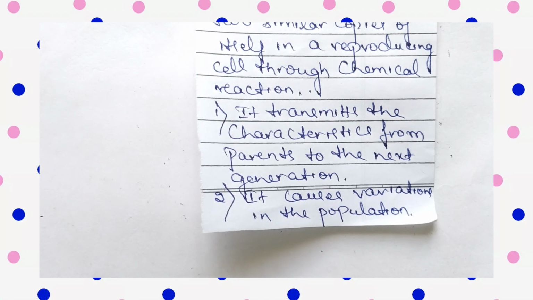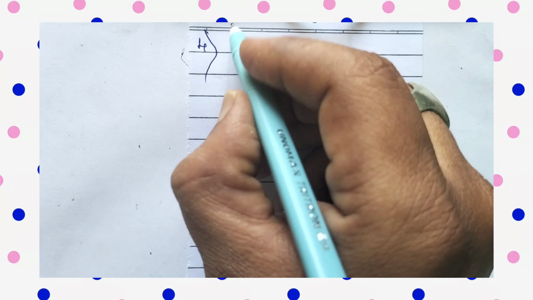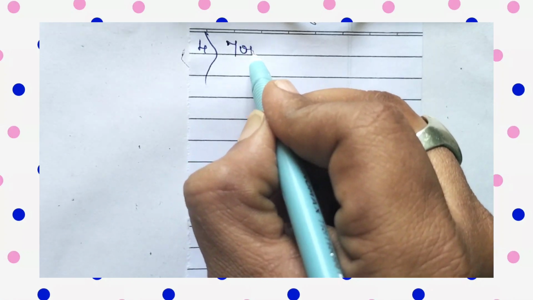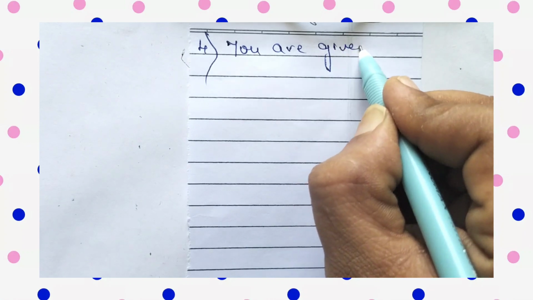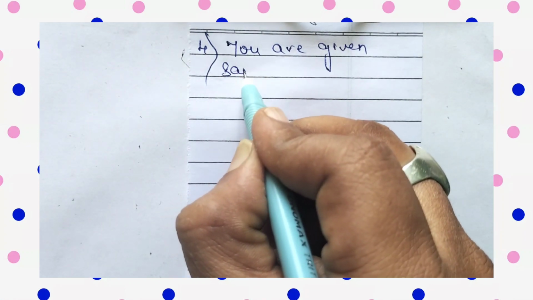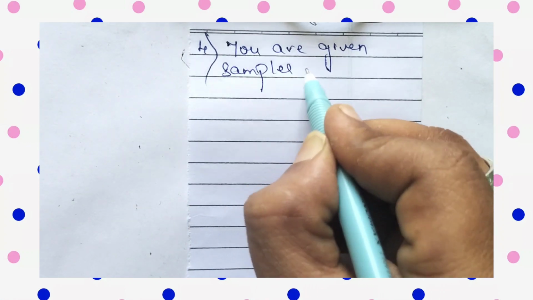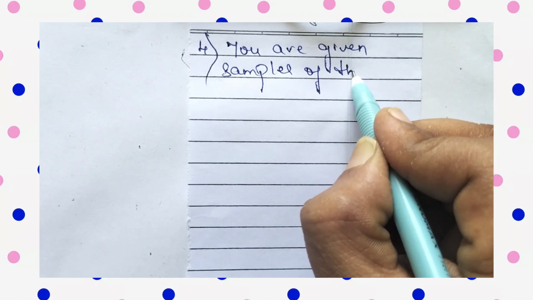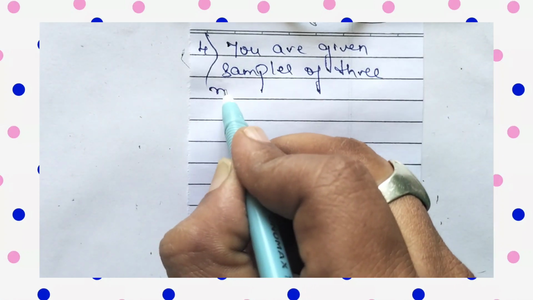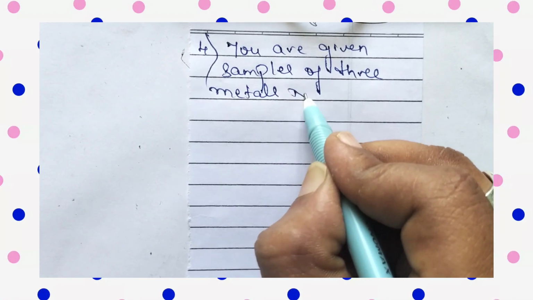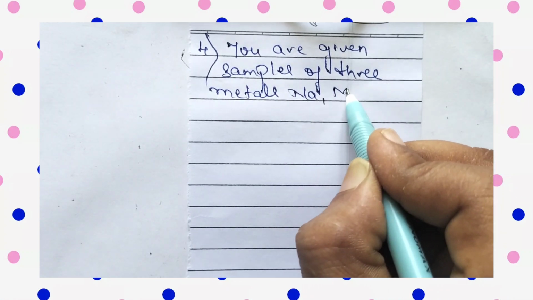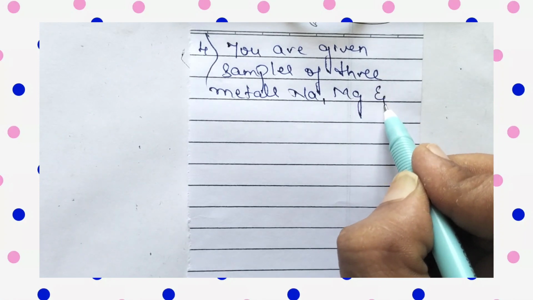Now let us move to question number 4. So the fourth question is like this. You are given samples of three metals: sodium, magnesium and copper.